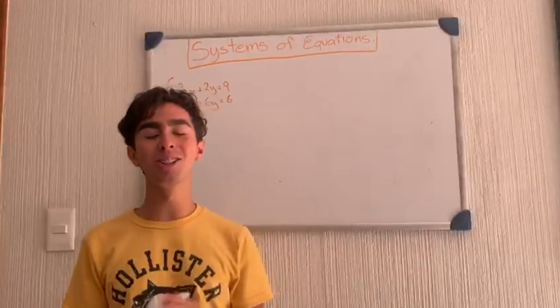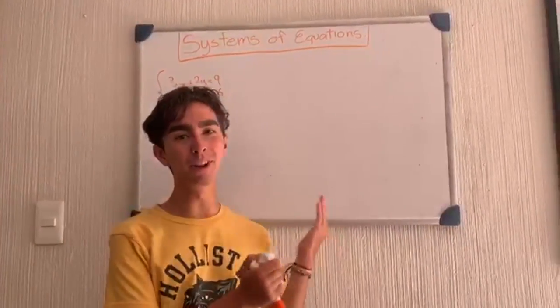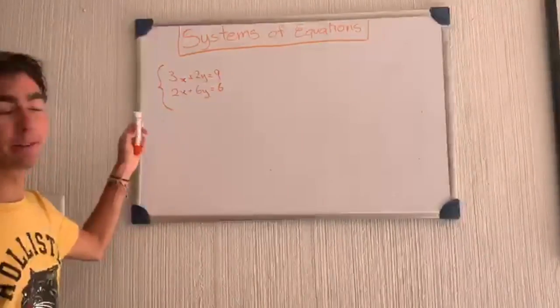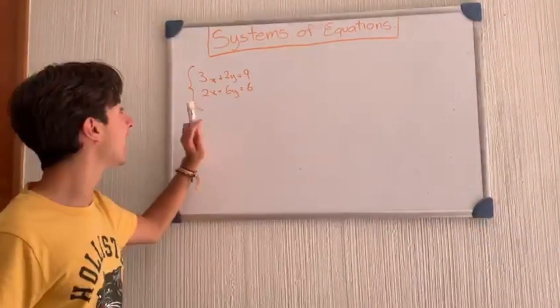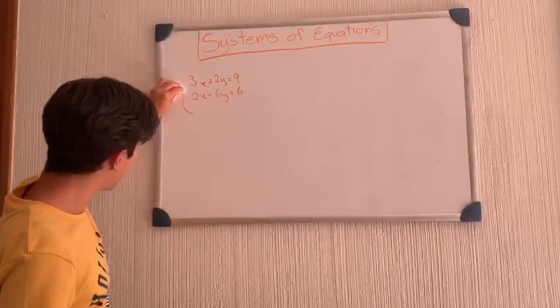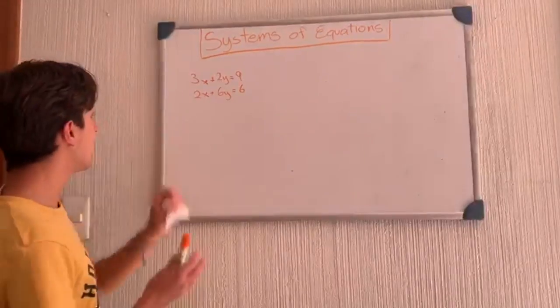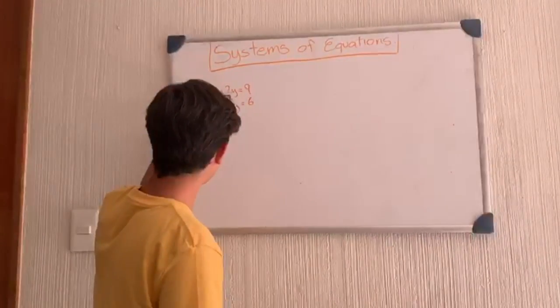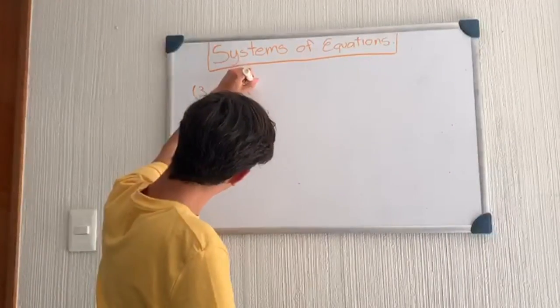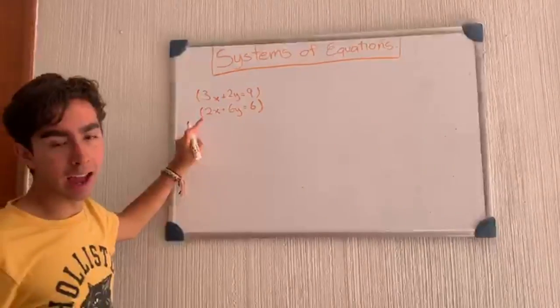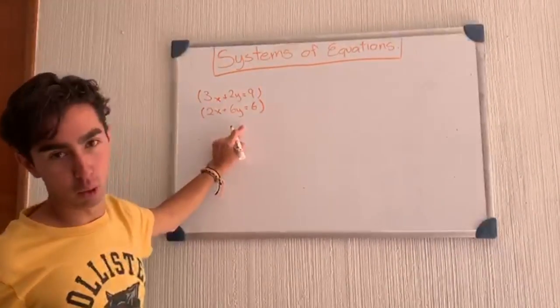Hey guys, today I'm going to give you some examples of how to do each method. First, an example of the elimination method. So first, we're going to ignore this part. This is the function you're given, and you put parentheses like this, and then we're going to eliminate x so we can solve for y.